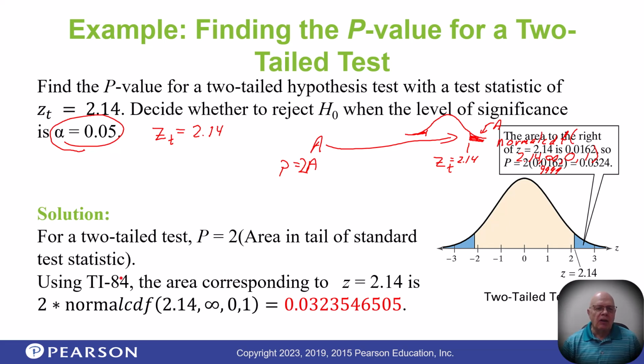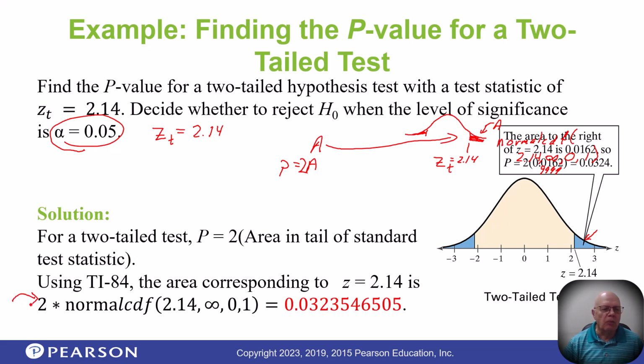So using our trusty TI-84 and 2.14 and the right tail, we'll get a value, but if we are a little bit clever, we can actually start our calculator to do this at the very beginning.